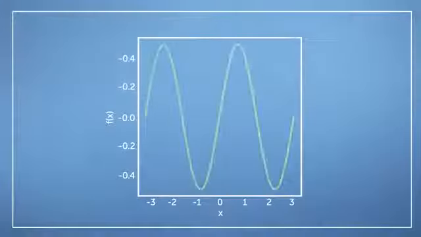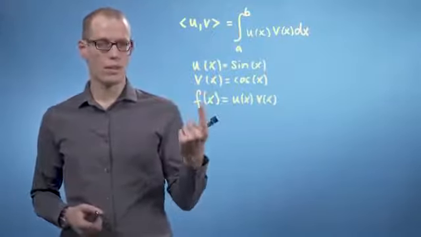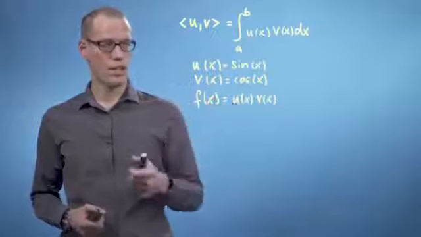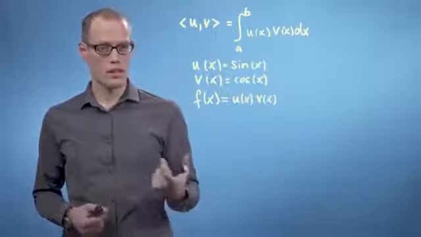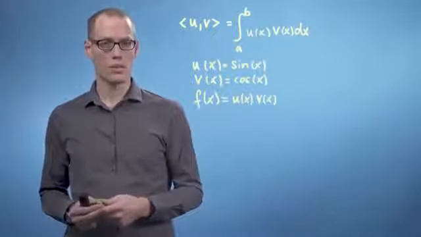This function is sine x times cosine x. We see that this function is odd, which means that f of minus x equals minus f of x. If we choose the integral limit to be minus pi and plus pi, then the integral of this product sine of x times cosine of x evaluates to 0. And that means that sine and cosine are orthogonal.